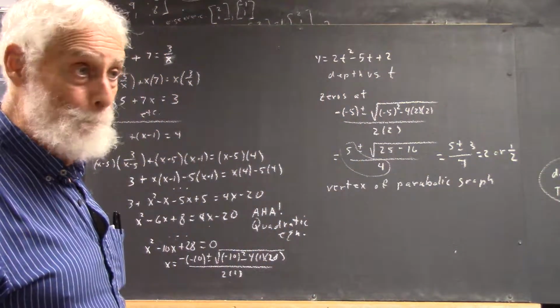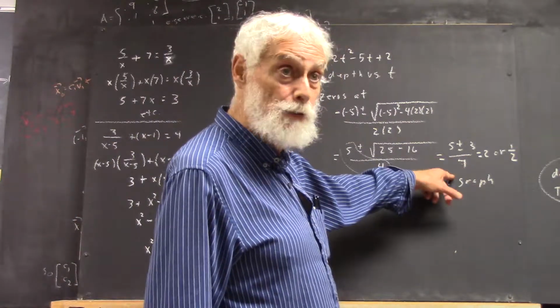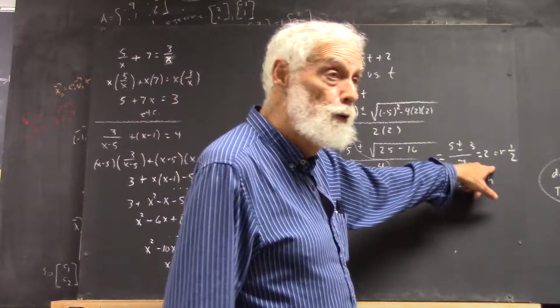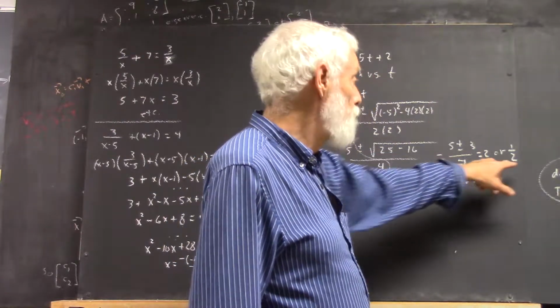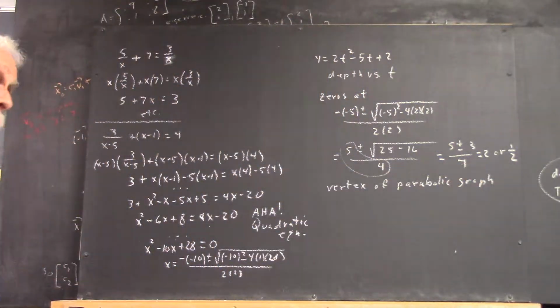Okay? Everybody okay with simplifying 5 plus or minus 3 over 4? 5 plus 3 is 8, 8 over 4 is 2, right? 5 minus 3 is 2, 2 over 4 is 1/2. Okay? Vertex of your parabolic graph.